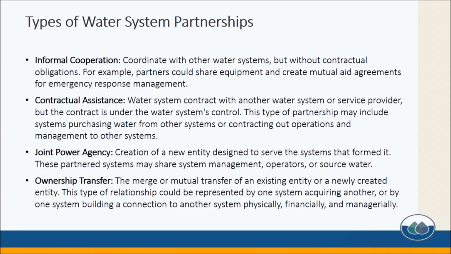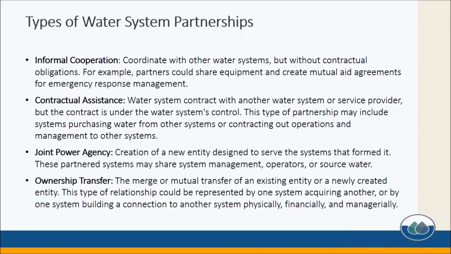So let's talk a little bit more in detail about those different types of water system partnerships I mentioned that are on our diagram of the increasing responsibility. And I do want to point out that we're not trying to promote one type of partnership over the other. We know here, especially talking to all the different systems that are out there, talking to all the different states, the TA providers, the local groups, that there is no one-size-fits-all for a water system partnership.